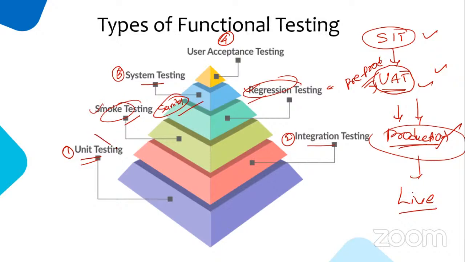First the dev team does unit testing, then it comes for SIT, system and integration testing, then UAT, then production, then live. This is the process. Always keep this in mind. At all these levels, we do three types of testing: smoke, sanity and regression.